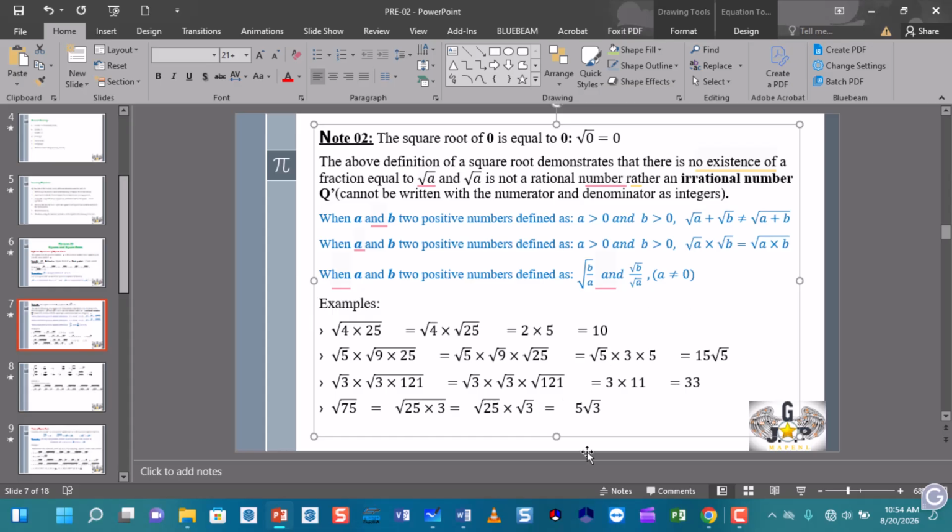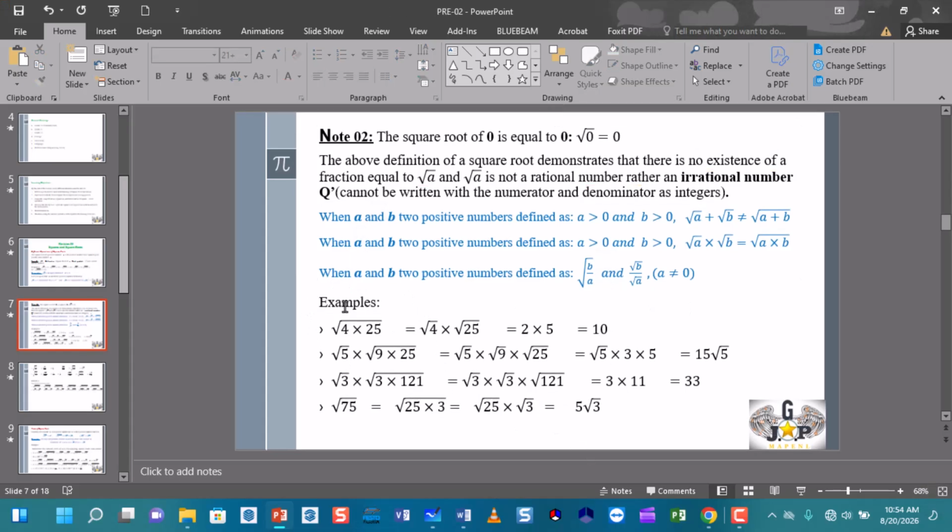Okay, so yes. Going ahead now, after understanding these three lines, you can come down here and start solving these examples. Here we have the square root of 4 times 25.